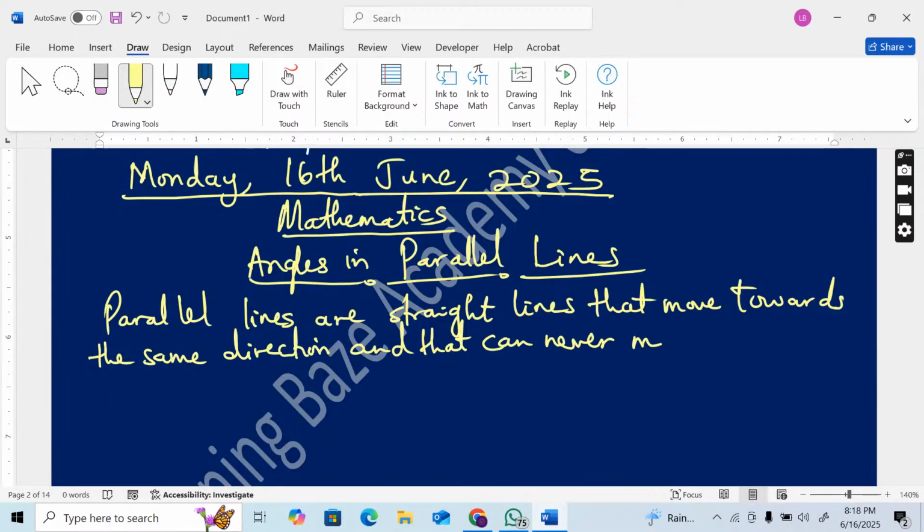They can never meet because they are moving towards the same direction.